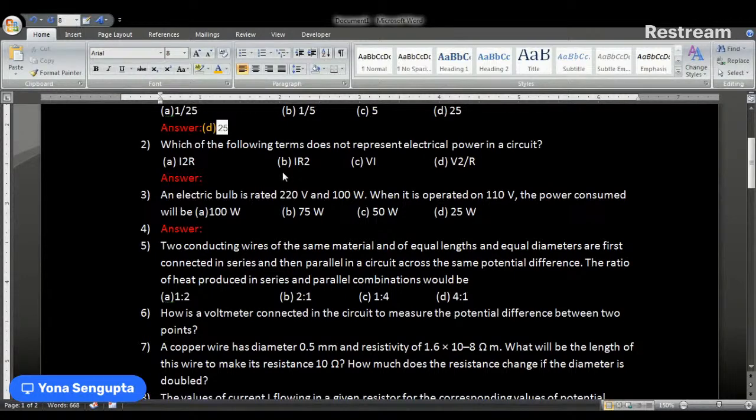Next, which of the following terms does not represent electrical power in a circuit?